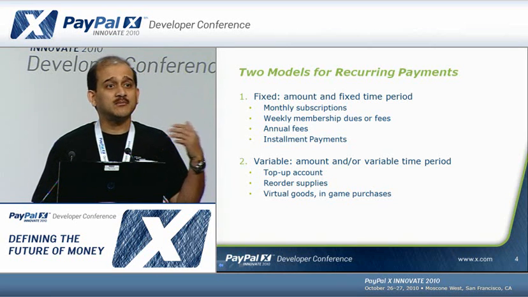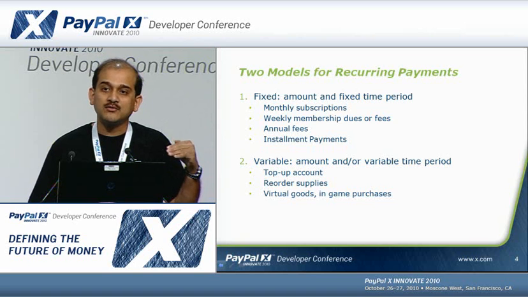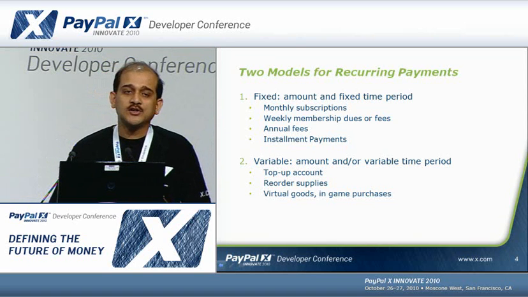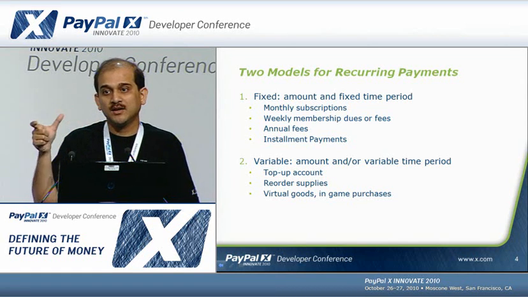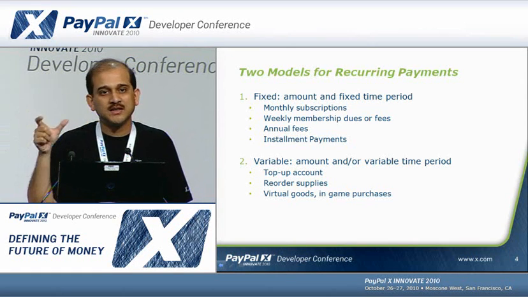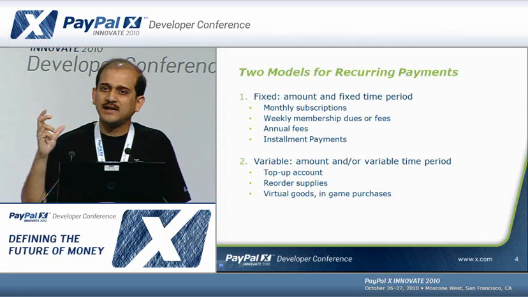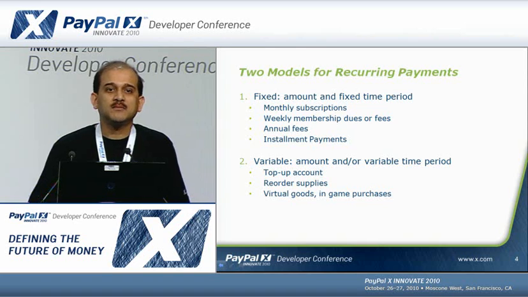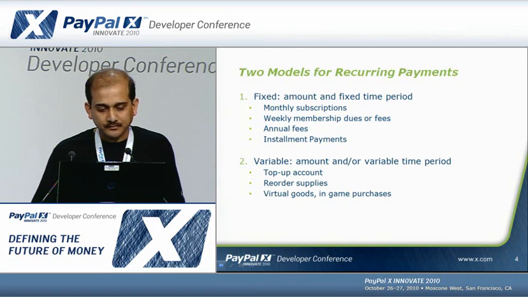You can set up trial periods with different payment amounts, and you can set the actual payment period and how many billing cycles it includes, and so on. So the API is fairly flexible, and you can read about it on our website, x.com, if you look for recurring payments.